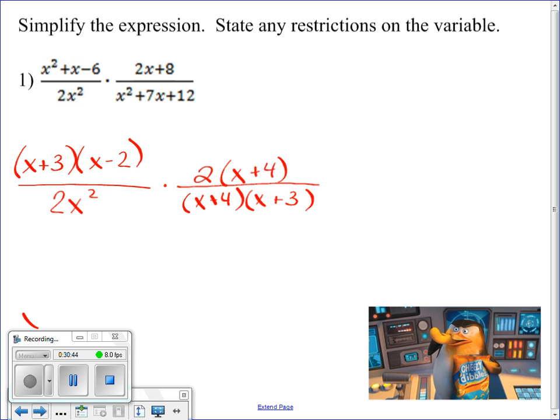Restrictions. So x cannot equal 0. Good. -4, -3. Next week, we'll actually get into problems that you're solving with an equal sign. These don't have equal signs, so you can't solve them. But once we get into solving, if you would go all the way through and say x equals -3, no, it doesn't. That's one of your restrictions. That would be what's called an extraneous solution.